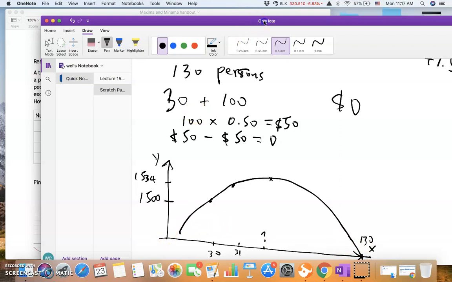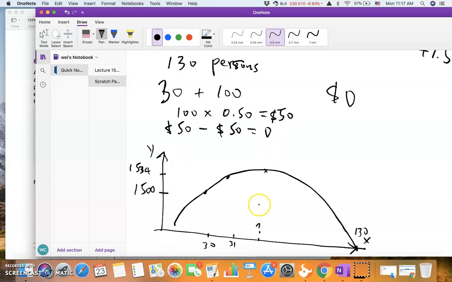So to find the maximum value of the revenue, we need to know what this number is. This is one example of using the maximum in real life.